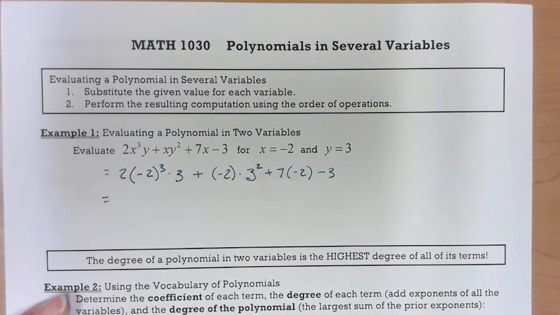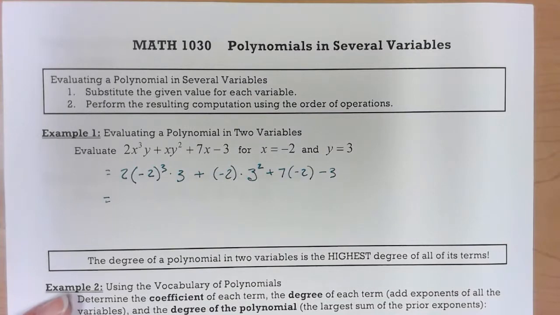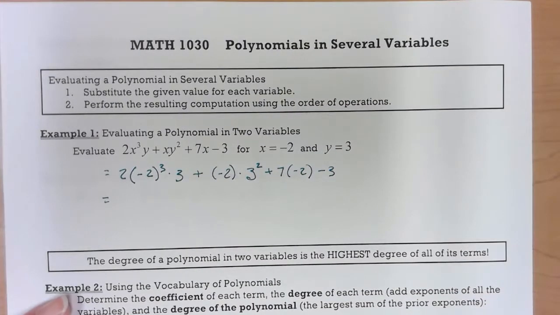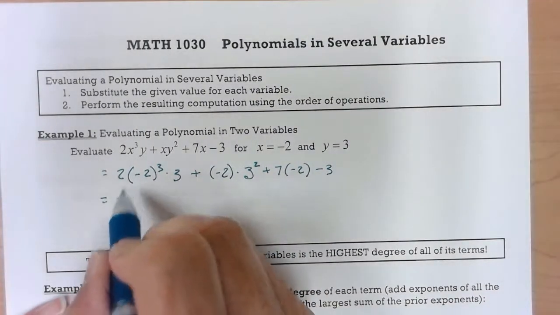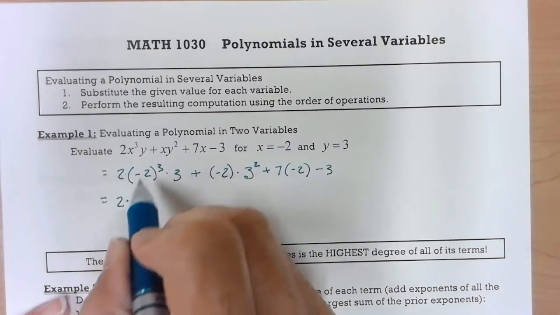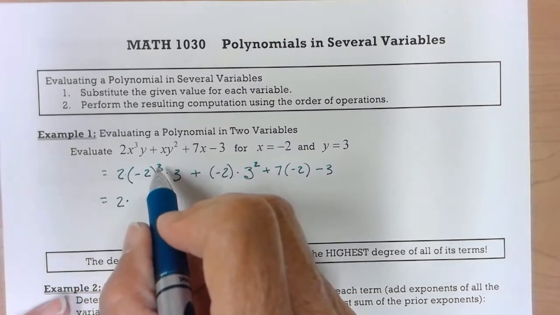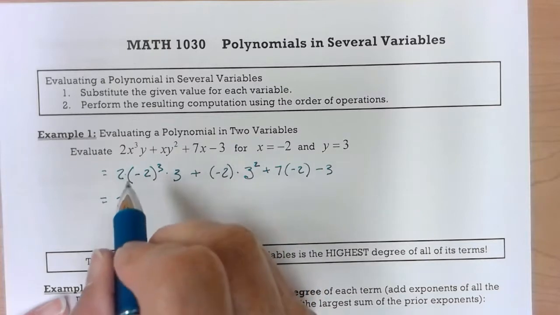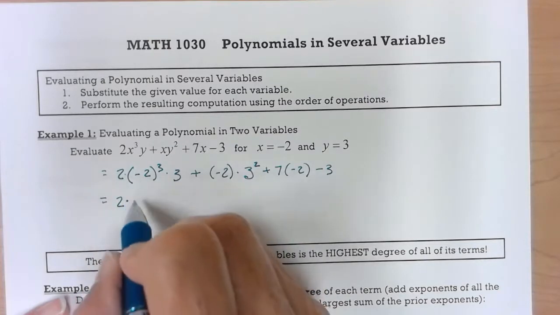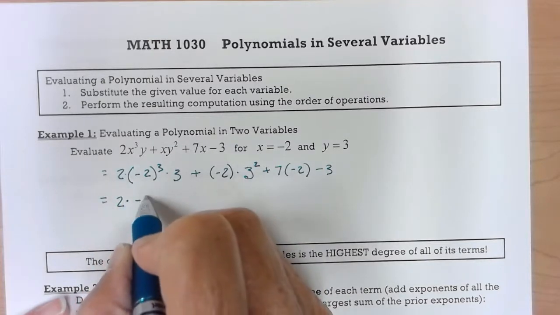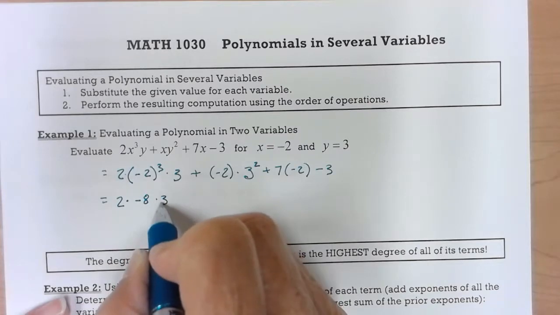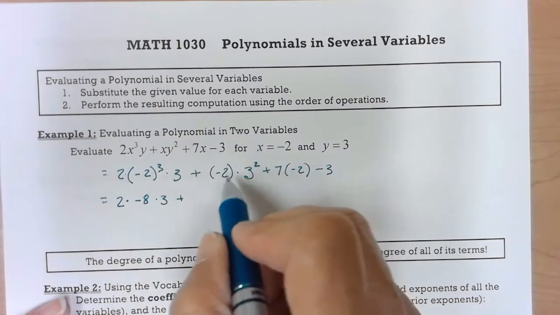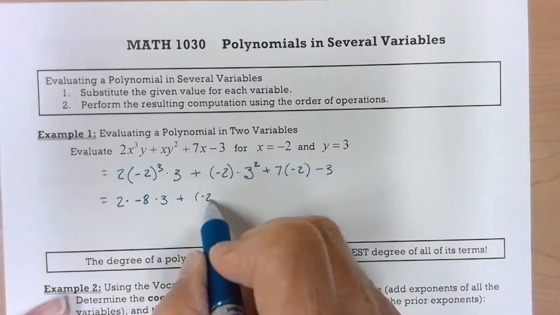Order of operations dictate if you see any exponents, you need to go and evaluate those. So remember, this is multiplication here. -2 to the third. Since I have 3 bases that are negative, I'm going to end up with a negative, and it will be an 8. I still have a -2 here.